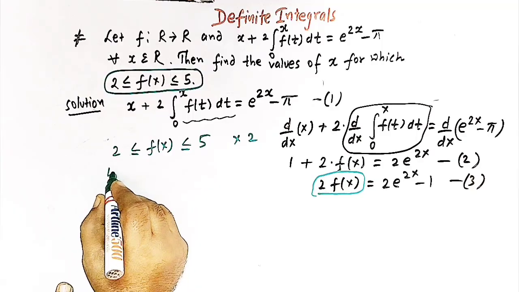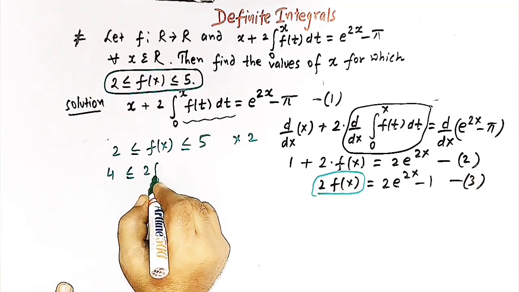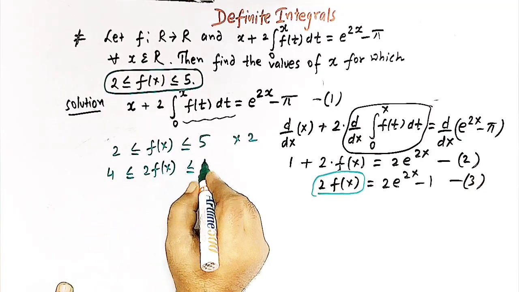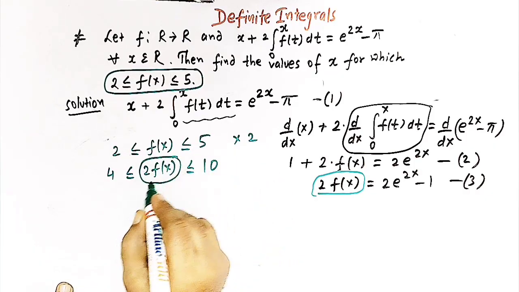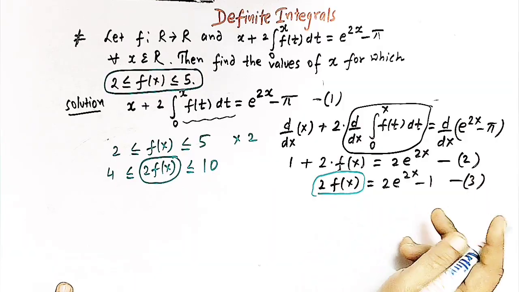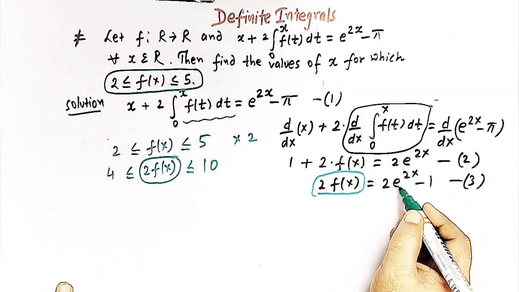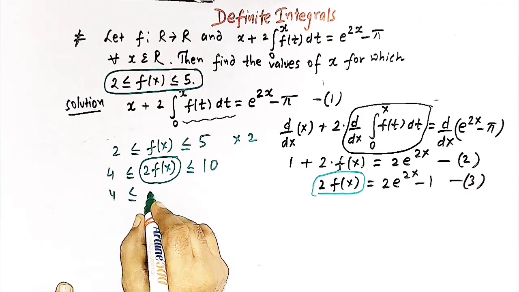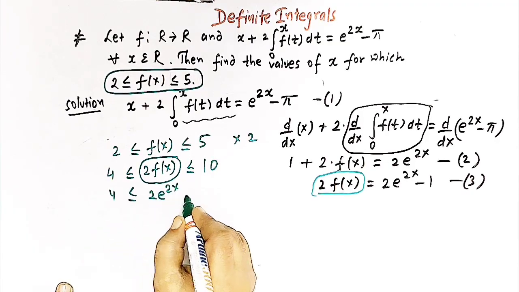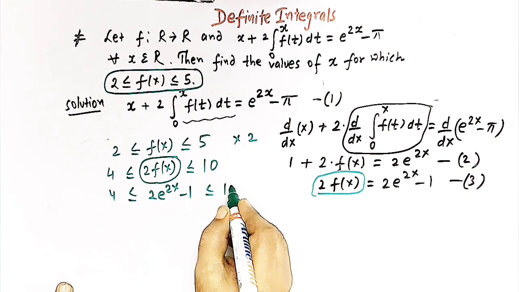So here we have 4, and here we have 2 times f of x, and this is 2 times 5 is 10. Now we can substitute the value of 2 times f of x as 2 times e raised to 2x minus 1. So we have 4, and here we have 2 e raised to 2x minus 1, and here we have 10, right?